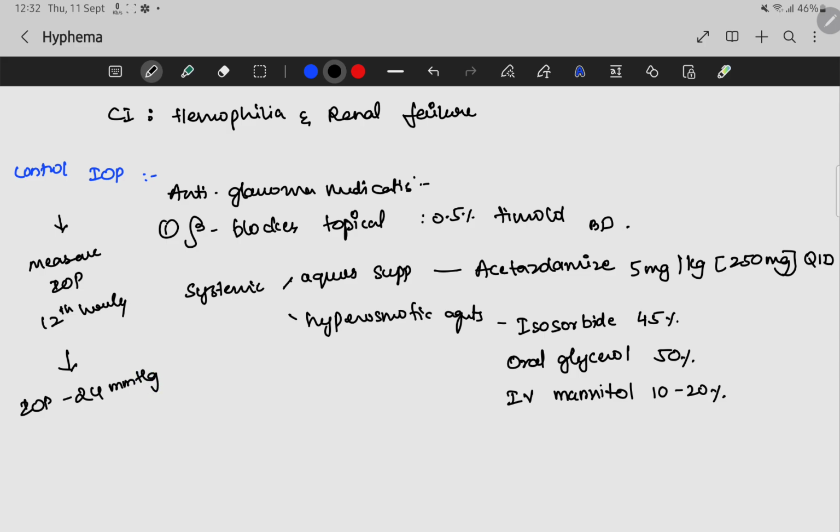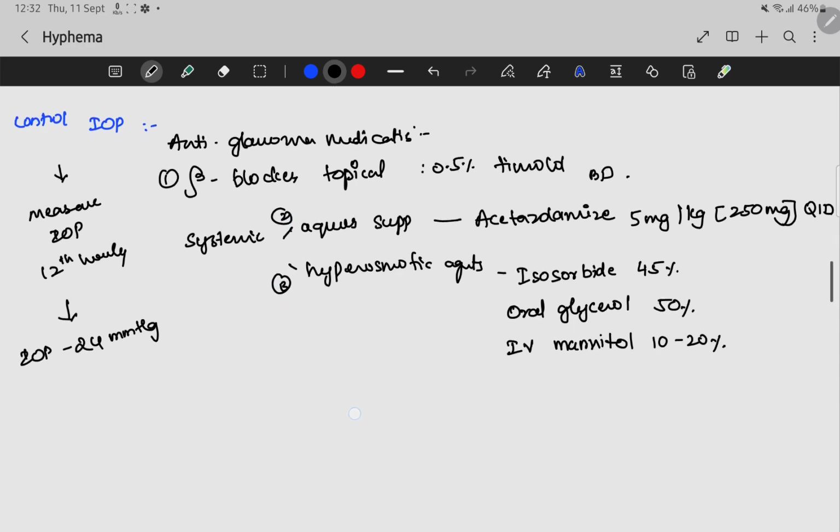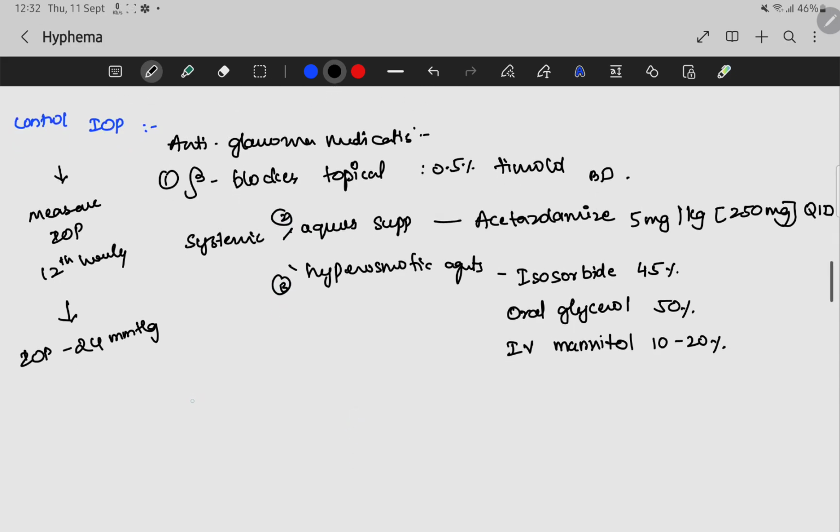So if these medications don't work, then we have to go for surgeries. Surgery is usually indicated in cases of complete hyphemas, total hyphemas, right? So we have to perform trabeculectomy and iridectomy for large hyphemas.